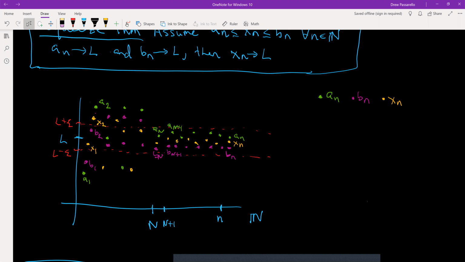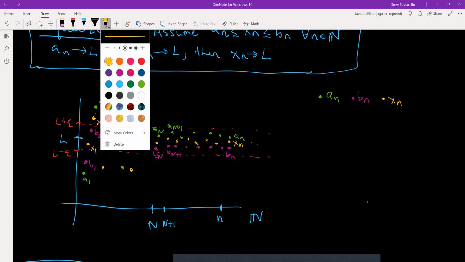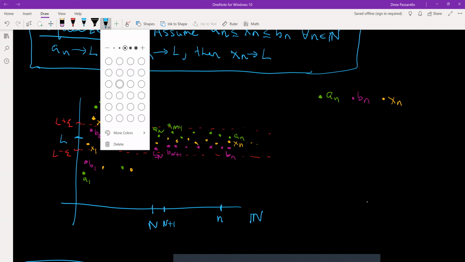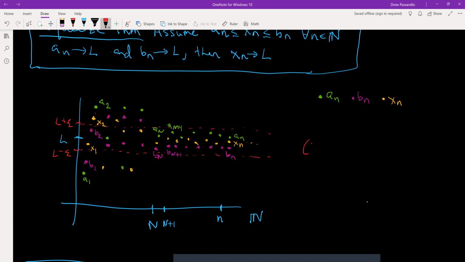We're going to say it converges to some value L. Eventually, the terms of the sequence get within what I like to call my confidence region, or confidence interval, around our limit L. So that's from L minus epsilon to L plus epsilon.